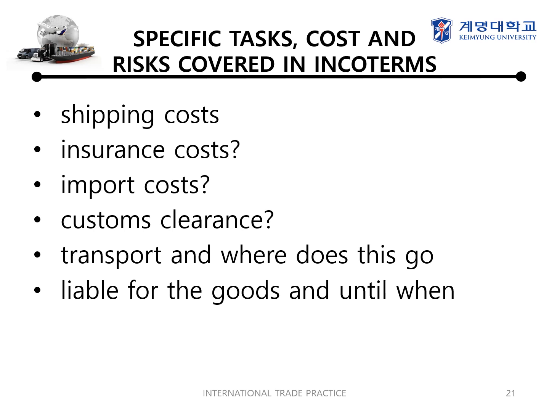I want to clarify and emphasize again what are those specific tasks, cost and risk covered in Incoterms. It includes the shipping cost, insurance cost, import cost, the documents and the permits to get customs clearance, the transportation, and where does this go, or the liability for the goods and until when, because there are some provisions in the contract of sales.